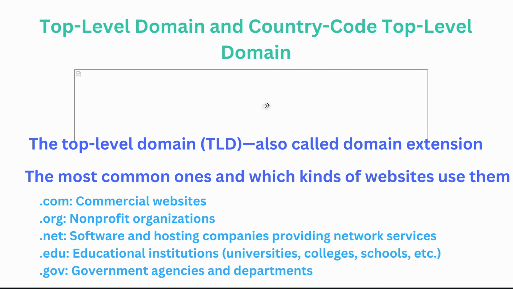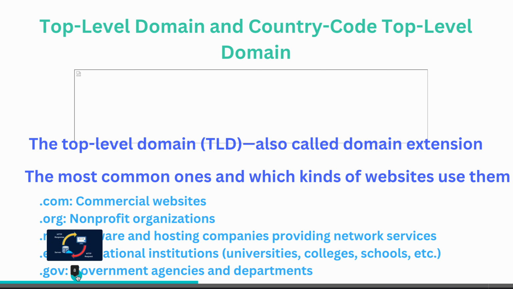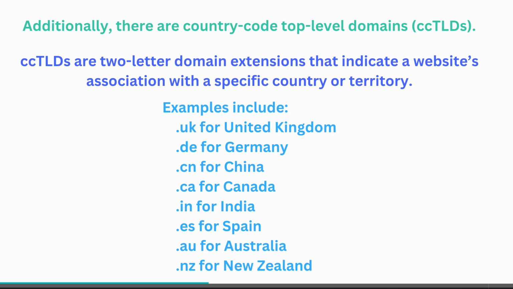The most common ones which websites use are .com for commercial websites, .org for non-profit organizations, .net for software and hosting companies providing network services, .edu for education institutes, .gov for government agencies and departments.